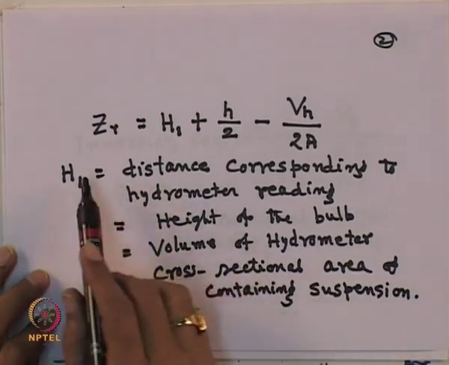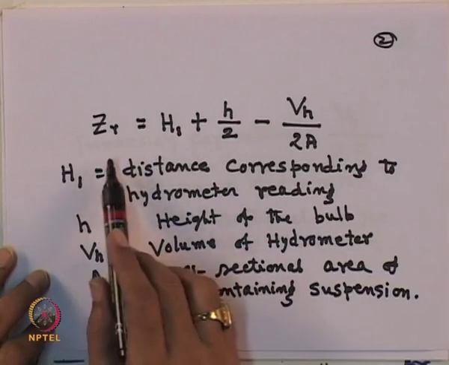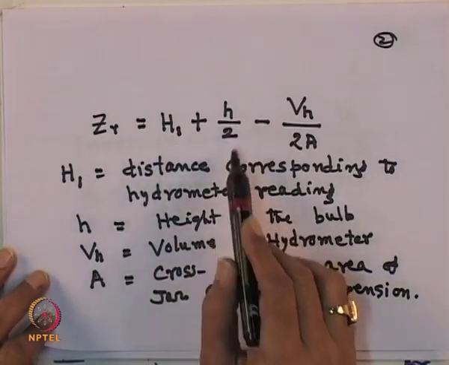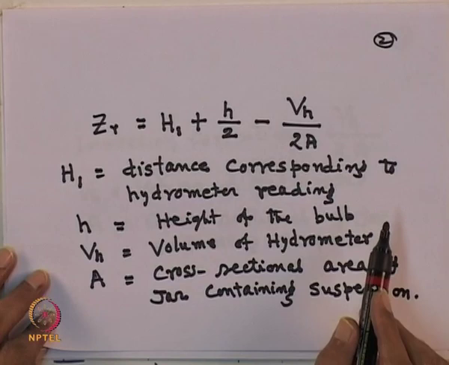So ZR we can write as H1 plus H by 2 minus VH by 2 of A.